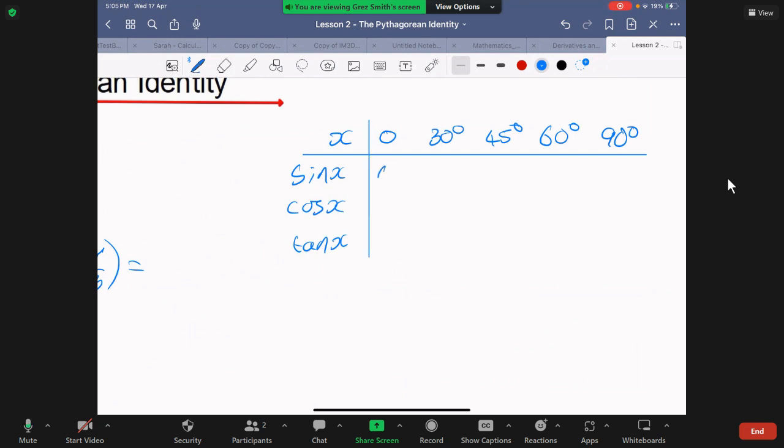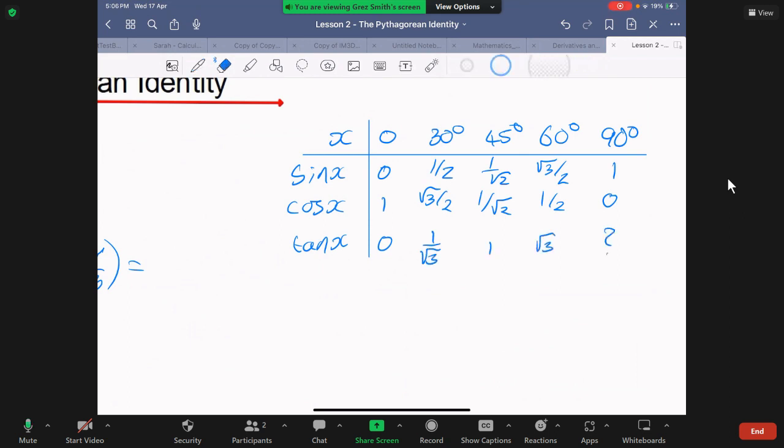So this is a 0, a half, 1 over root 2, root 3 over 2, and 1. This is reversed. Root 3 over 2, 1 over root 2, 1 half, 0, 0. This is 1 over root 3, 1, root 3, and not defined.